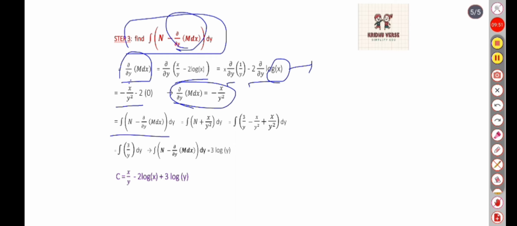Now we are solving this term, this we solved. Now we are solving this. So here what we got, n plus x over y square, dy. The n value we are now putting here. So here we observe minus x over y square plus x over y square both same, so these two got cut. So now the only term left is 3 by y square.